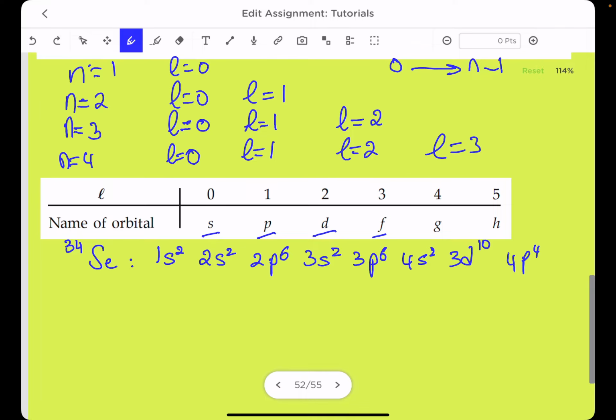So when n is equal to 1, I only have L equal to 0. I mentioned it over here. So on the first energy level, you only see the S. When n is equal to 2, I have L equal to 0 and L equal to 1.